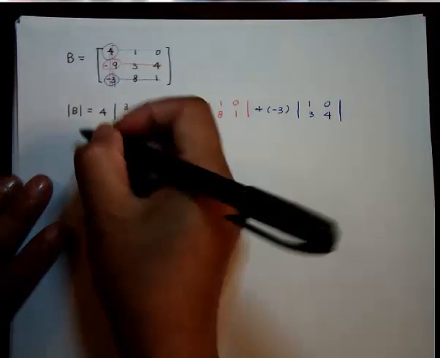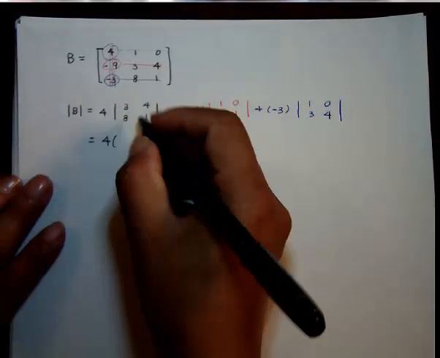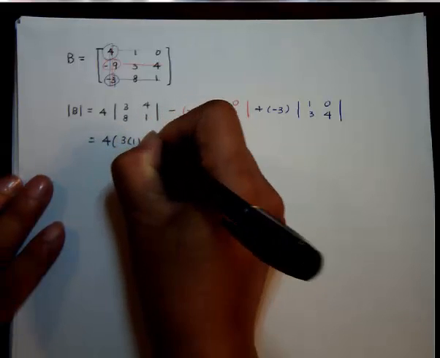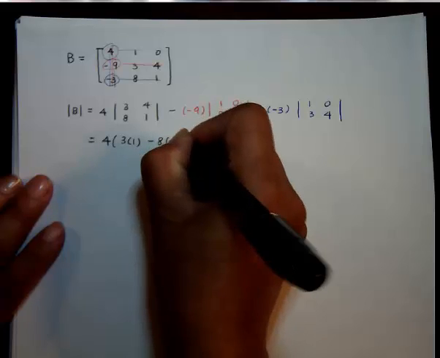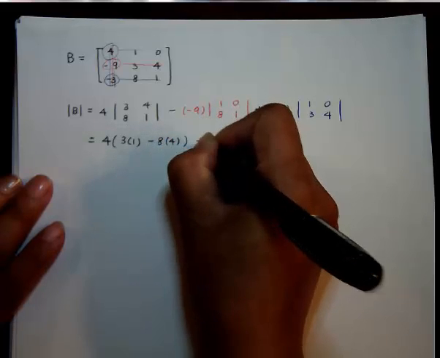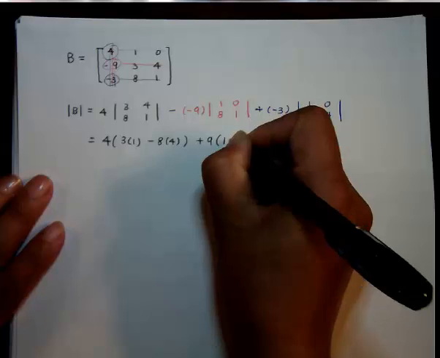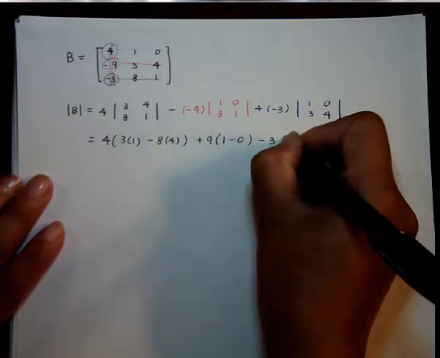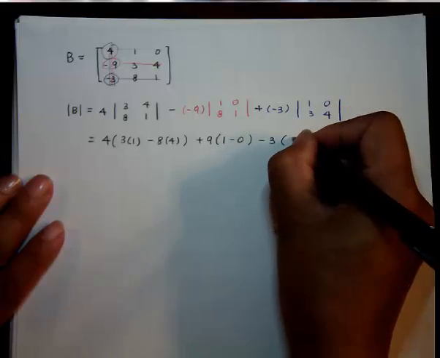Let's simplify. 4 times the determinant of these second order determinants, 3 times 1 minus 8 times 4, plus 9 times 1 times 1 minus 0, minus 3 times 1 times 4 minus 0.